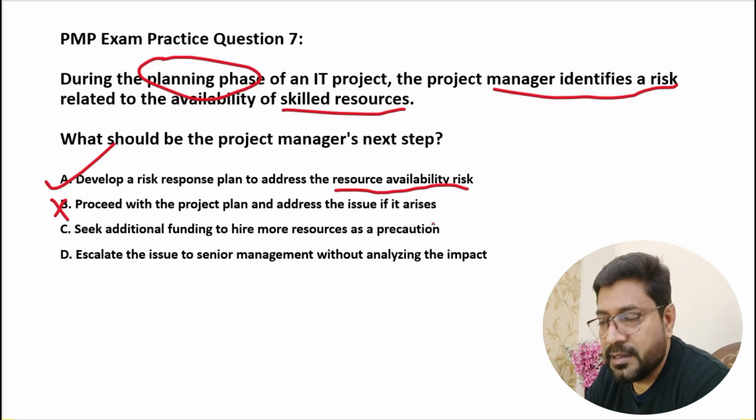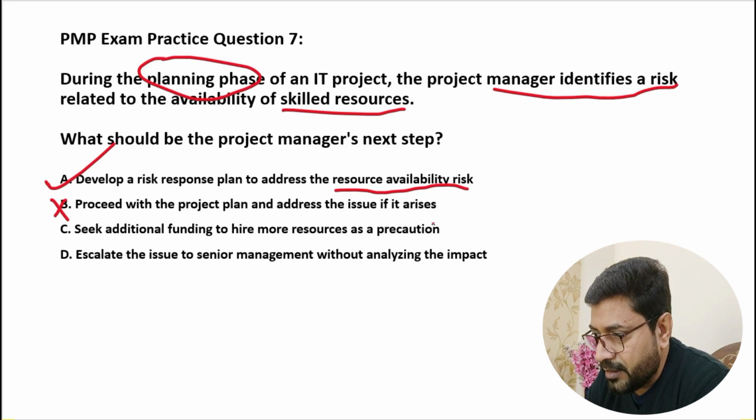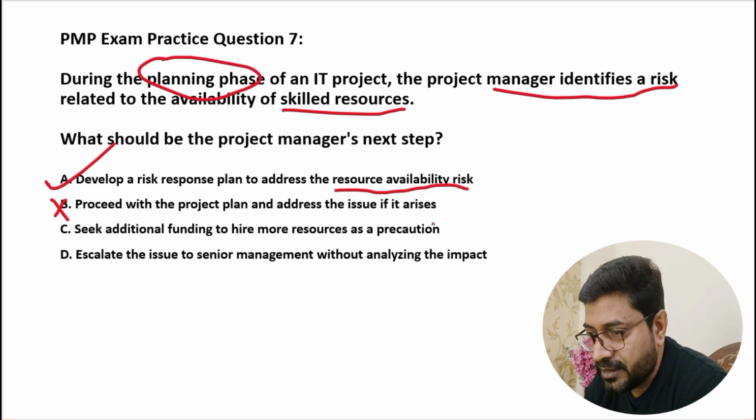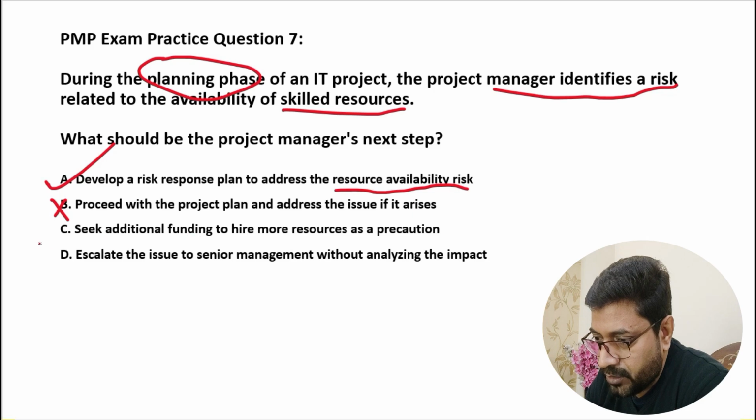Funding is not the problem. It is about the availability of skilled resources. What if the skilled resource is not available? Then what will your funds do to hire more resources? Availability is the main concern, and that's what we need to plan. So C is again not the right option.